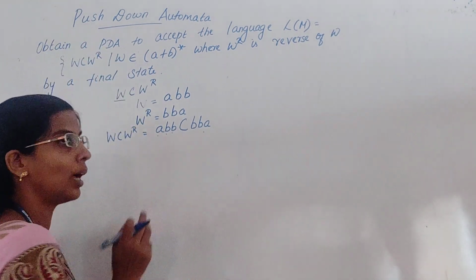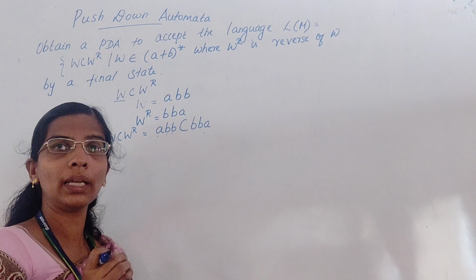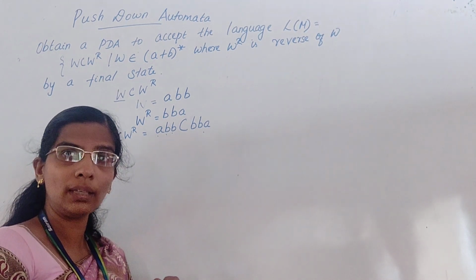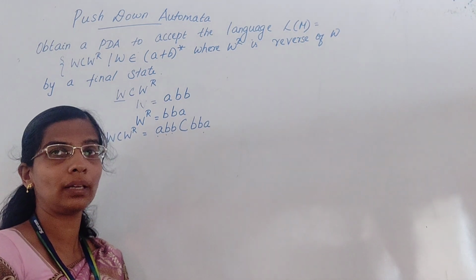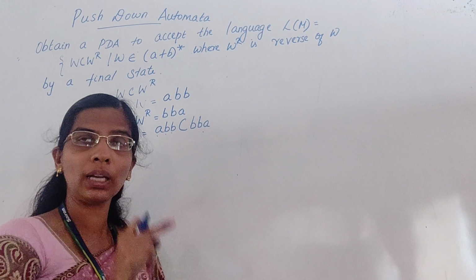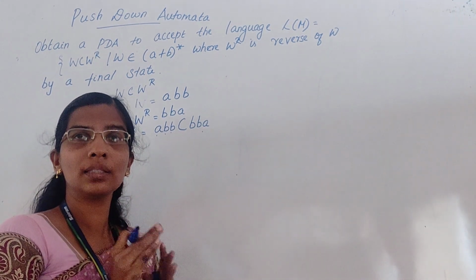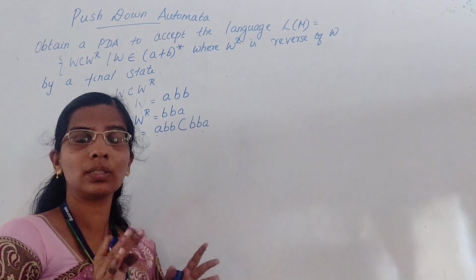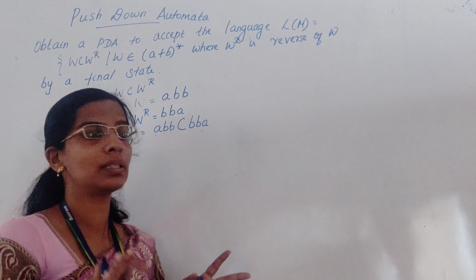And I told the transition in pushdown automata depends upon the current state, next input symbol, and the stack top. And I told pushdown automata is a 7-tuple machine, and we have one tuple like Z0. Z0 indicates the stack is empty, no symbols inside the stack.